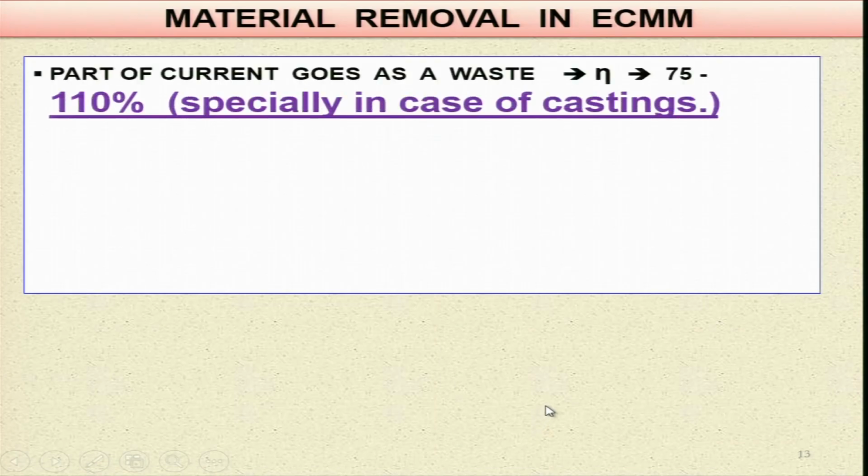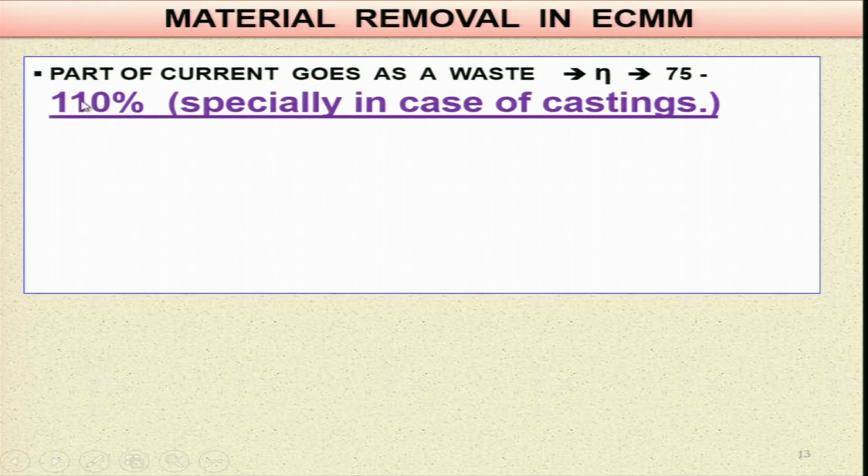Material removal in ECMM process: part of current goes as a waste, and you can find in various books and research papers that the machining efficiency ranges between 75 to 110%, especially in case of casting.